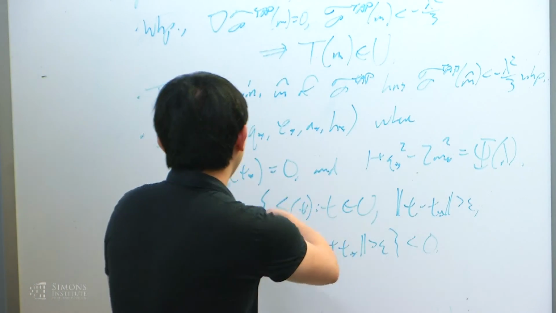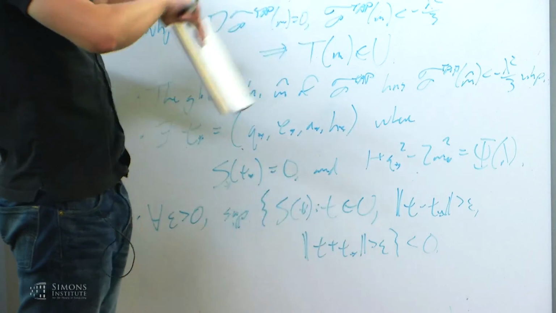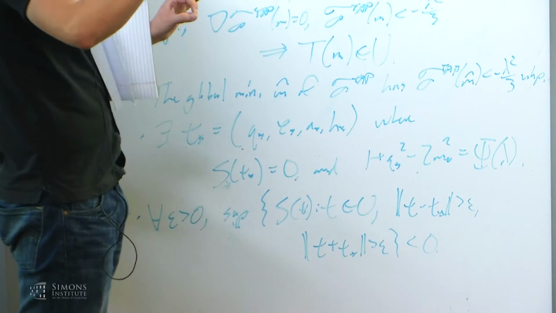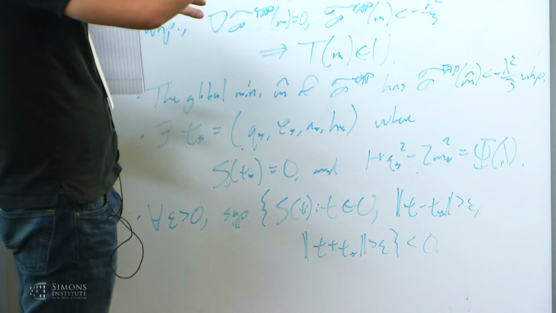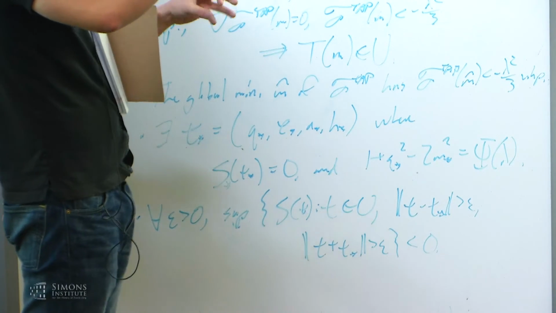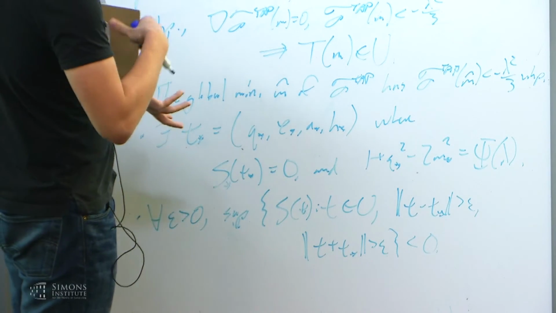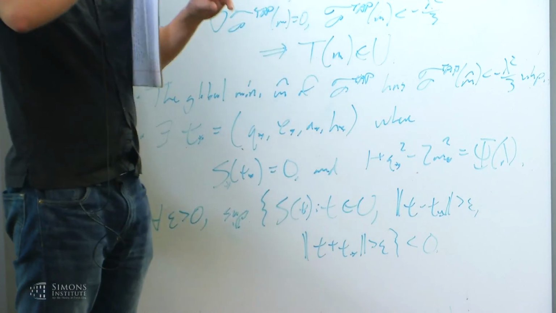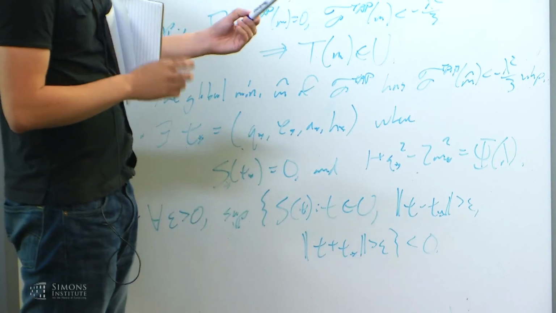So there exists T star. This also holds for minus T star. These are two special points which are really the global minimizers of my function, or they project there. And so for an arbitrarily small neighborhood, we can show that as n goes to infinity, any critical point which satisfies this condition must fall into this arbitrarily small neighborhood of T star or minus T star. So that makes sense.